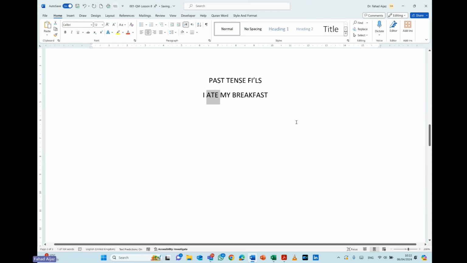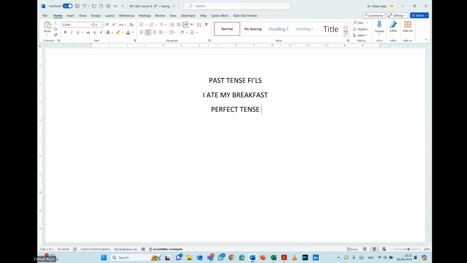It's done and dusted. Okay? Because you cannot change it, sometimes in English it's also called perfect tense. Why perfect? Because it's so perfect, you can't change it. You really cannot go in the past and change the action that has taken place. Okay? So past tense, that's correct.